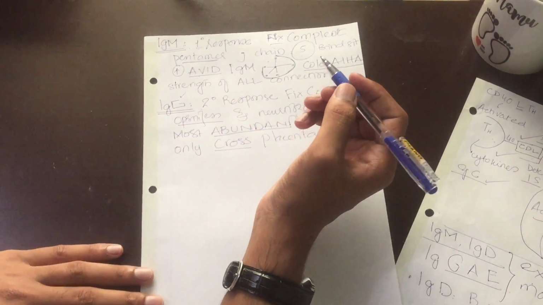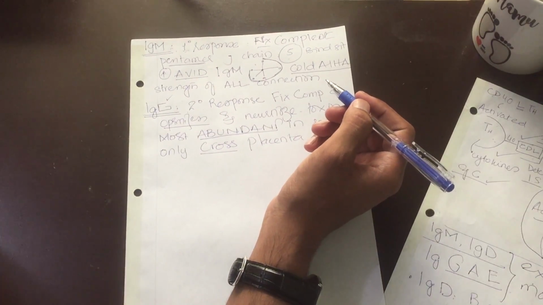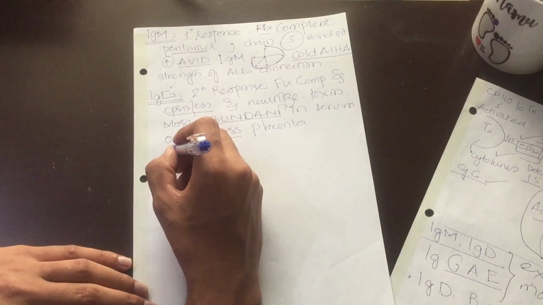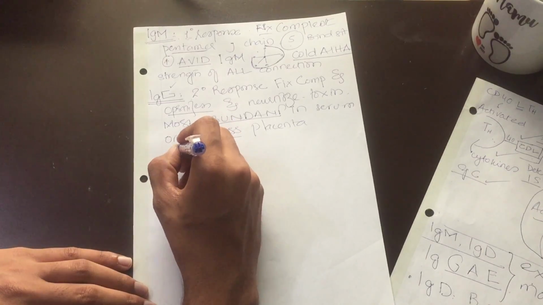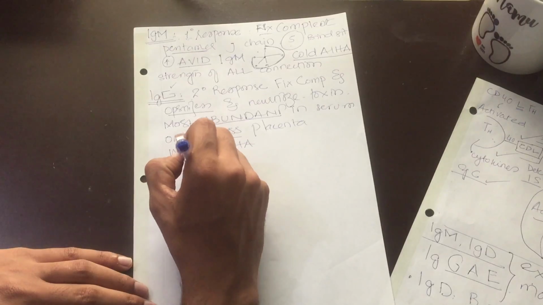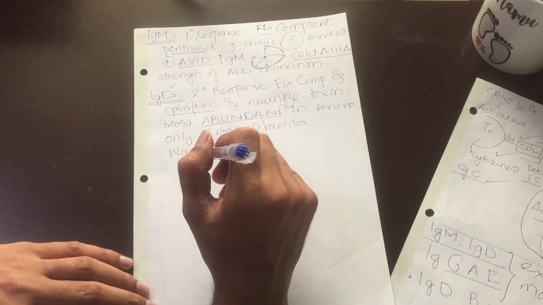G for good, G for warm and hot. It is related to warm autoimmune hemolytic anemia.